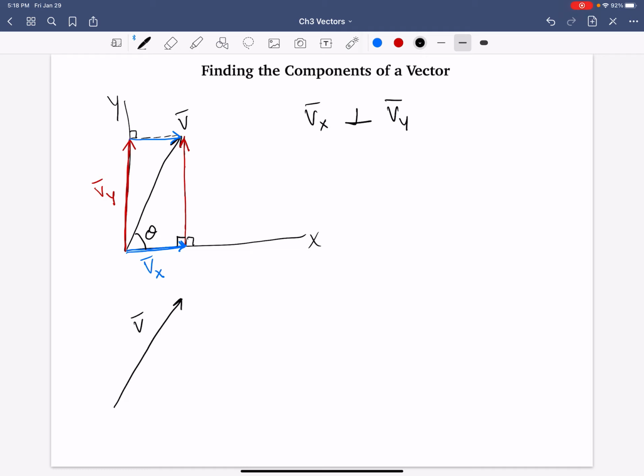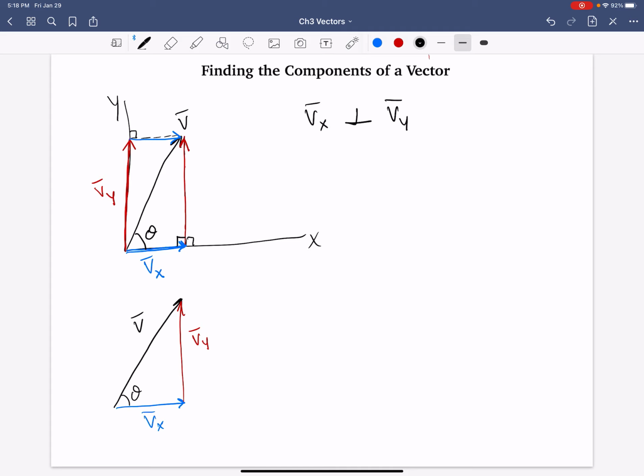That's vector V, and along the bottom is Vx, and right there is Vy. The angle theta is right there.